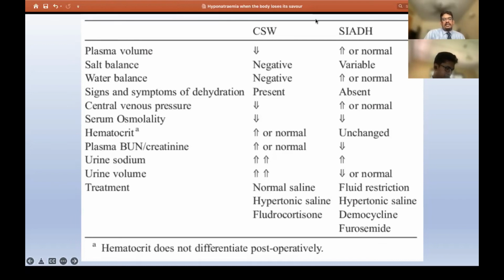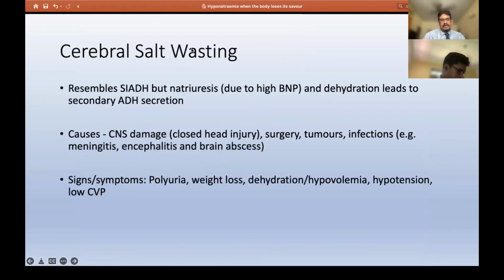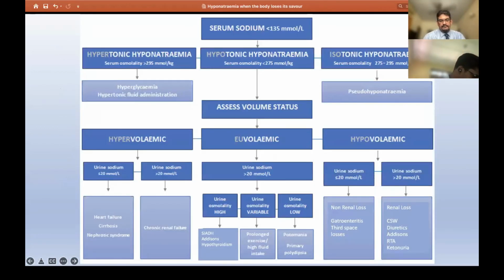The other one he asked about was primary polydipsia. Unless the patient is concealing the history that he's drinking liters and liters of water, you won't be able to differentiate it from SIADH clinically.